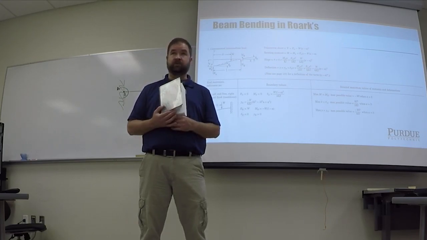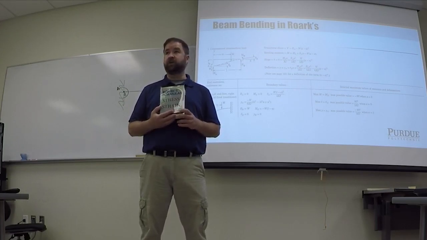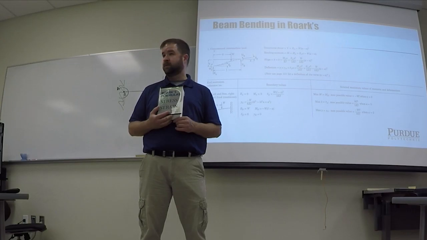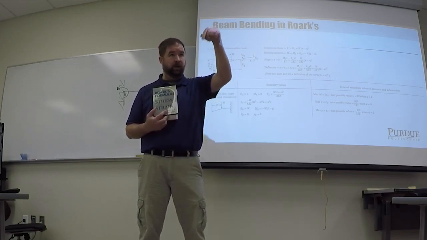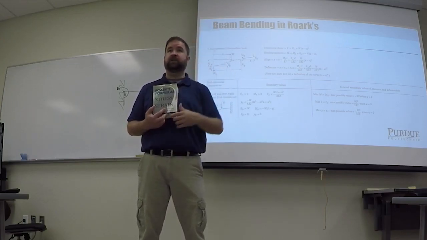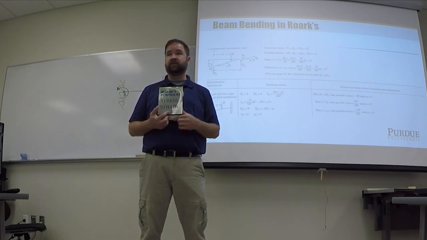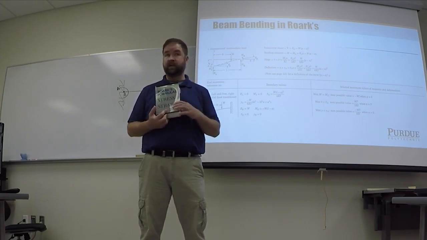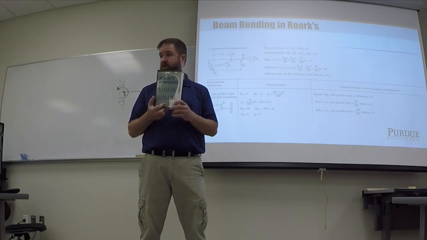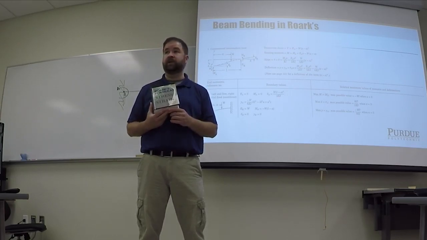For example, in here there's a section on circular plates. You have a circular plate and you have a load in the center of the plate. What is the deflection on that plate? Well, that's not in the back of the 211 book, but it is in here. Okay, so this is a powerful tool if you're doing structural analysis.